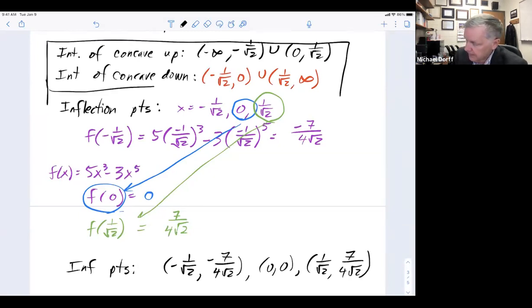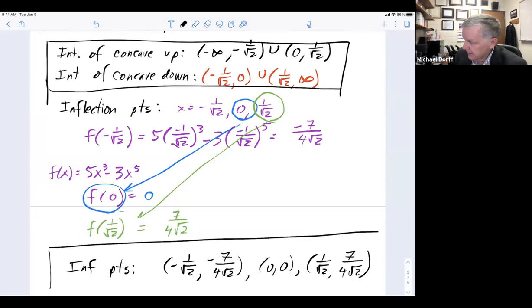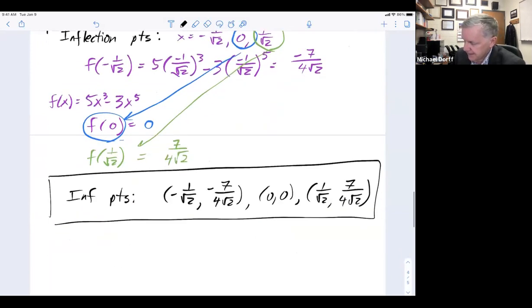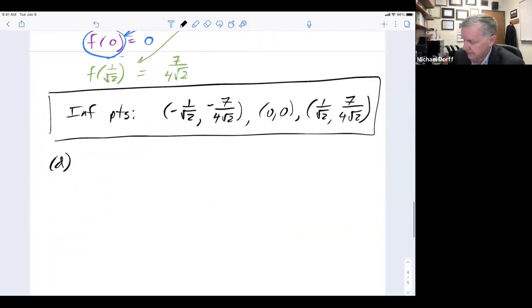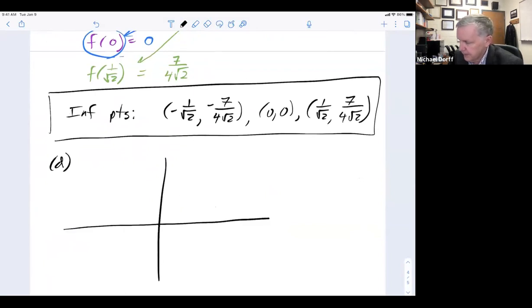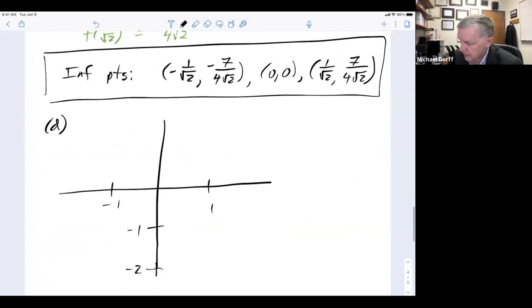All right, so I've got my concavity intervals and I've got my inflection points. And then the last thing it asks me to do is to sketch a graph of this. So I can use all this information I have here, draw an axis here. This is the y-axis, this is the x-axis.